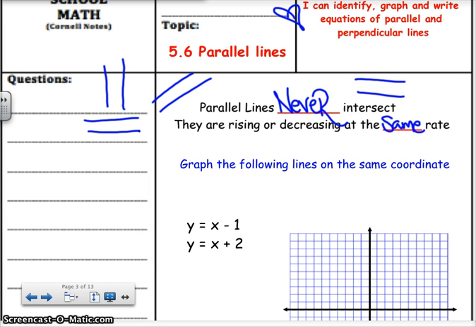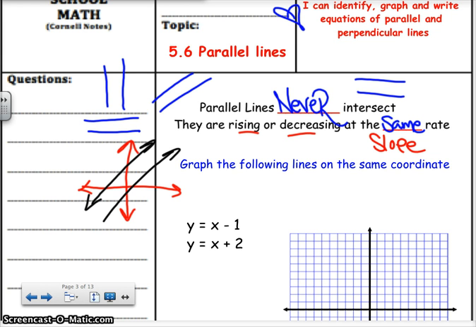Because now this is aligning us with our 8th grade standard of linear equations. If I say that they are rising at the same rate, rising or decreasing, that is really slope. Rate is slope, right? If I had a coordinate plane, and I had this line, kind of a steep slope, well then a line parallel to it better have a steep slope, right?